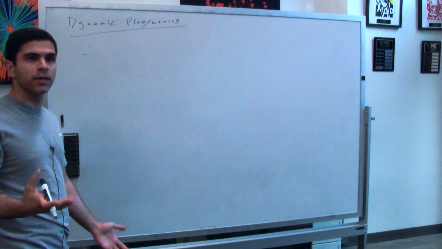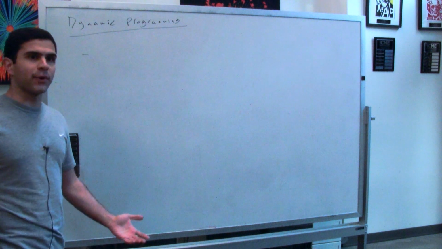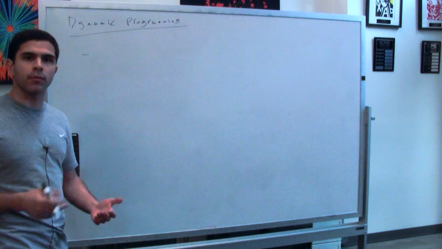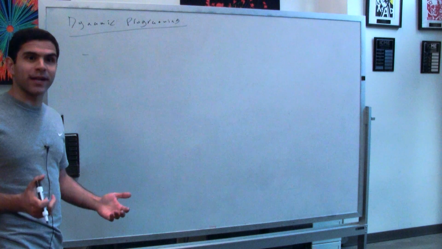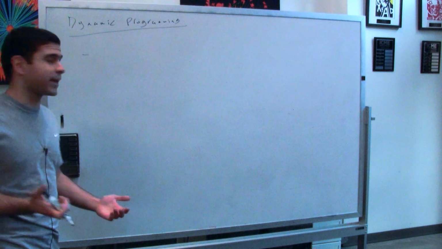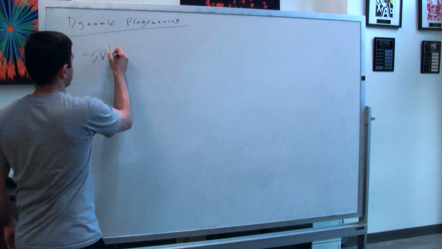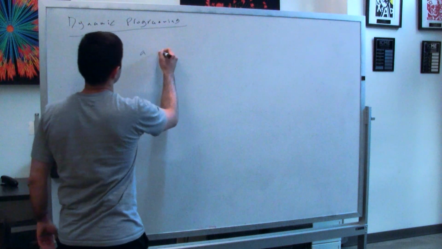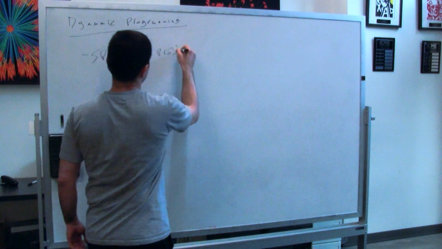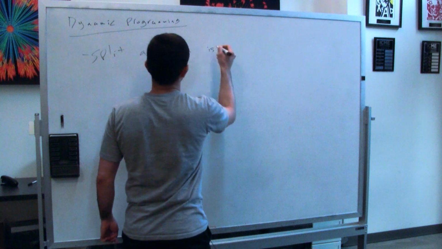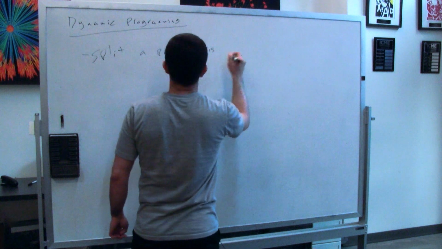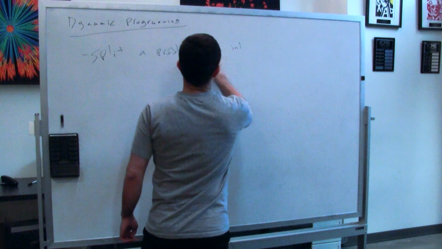So you have your problem, and it's whatever problem, and you have to somehow split it up into smaller subproblems. And that's really the general level that dynamic programming deals with, but it's super vague, right? What does that even mean? Split a problem into subproblems. But it really is just that you can't really explain it more than that other than through examples. So split a problem into subproblems.